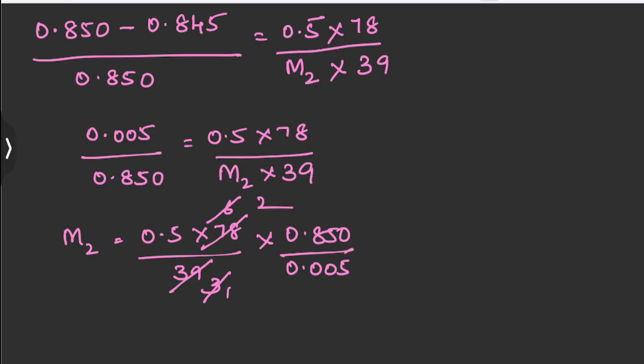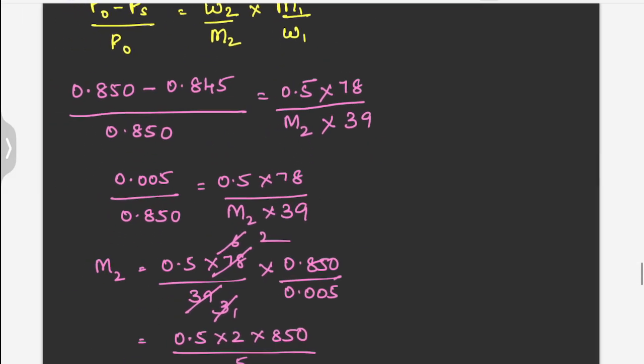Now shift the decimal point. After the point there are 3 digits, so you will get 10 to the power of minus 3. Here also after the point there are 3 digits, so shifting the point you get 10 to the power of minus 3. In the numerator also 10 to the power of minus 3, so both get cancelled and you can remove the decimal. So this is equal to 0.5 into 2 into 850 divided by 5.